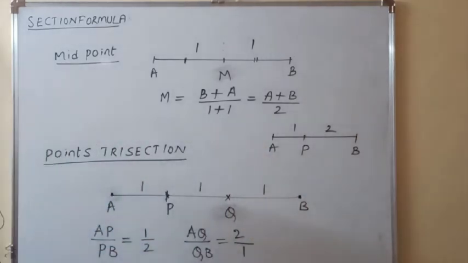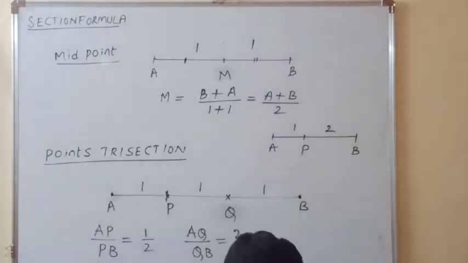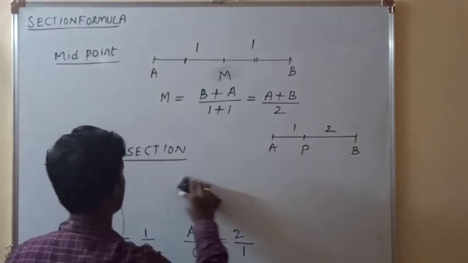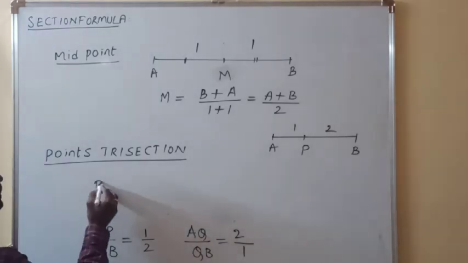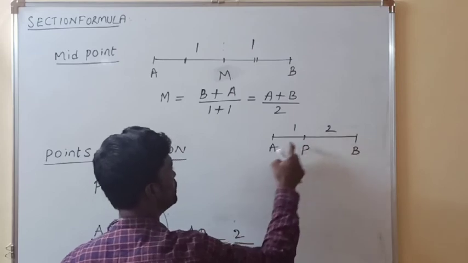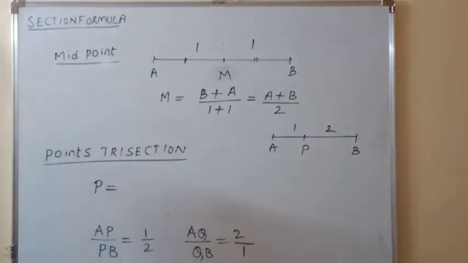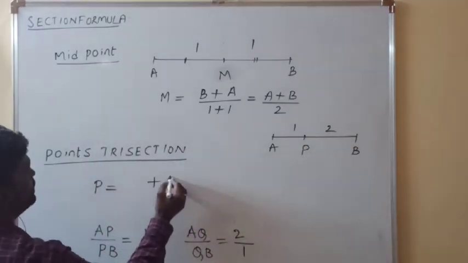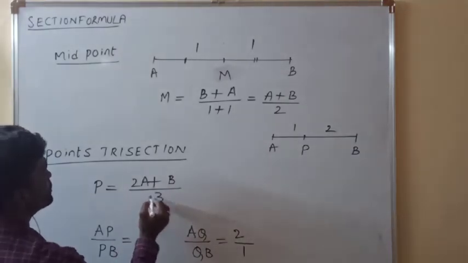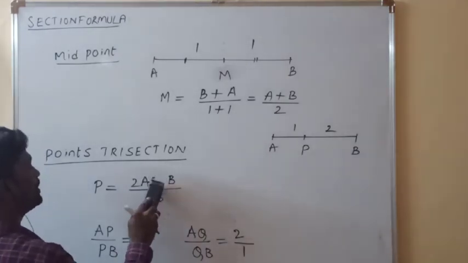So using section formula, coordinates of point P, what you will get? P is equal to 1 into B plus 2 into A. Cross multiplication only, no? So 1 into B plus 2 into A, 2A, divided by 1 plus 2, 3. So that's the coordinates of P.